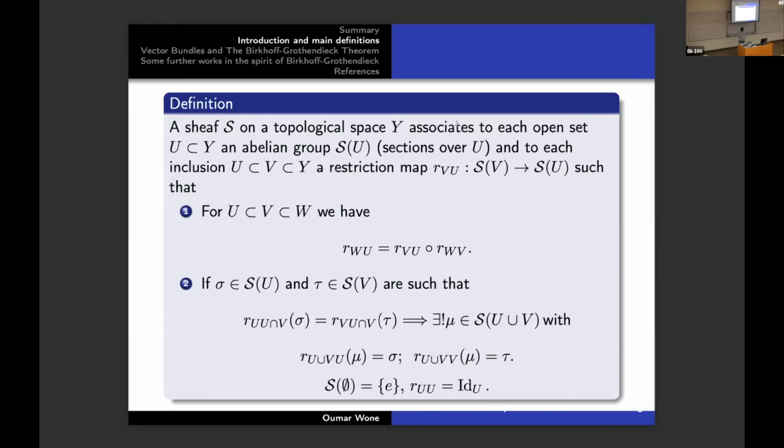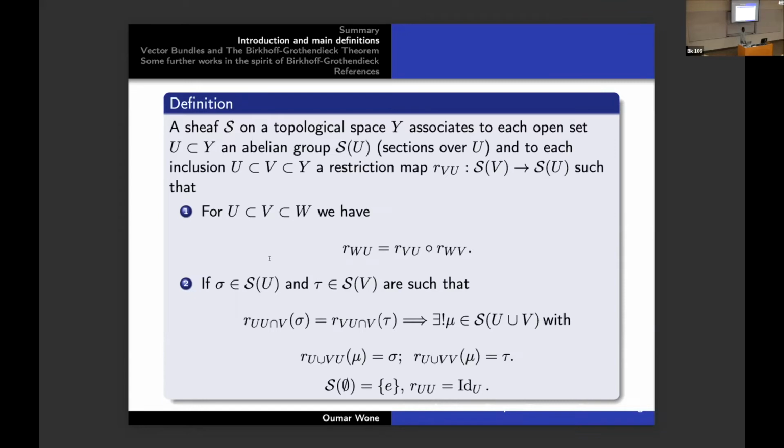So we are considering sheaves of Abelian groups, and the elements of S(U) are called sections over U, and to each inclusion of open sets we have a restriction map from S(V) to S(U), such that if we have this double inclusion, then the restriction from S(V) to S(U) is equal to the composition of the restrictions.